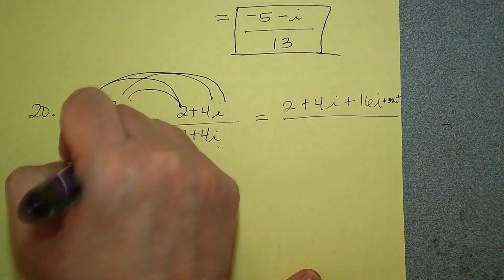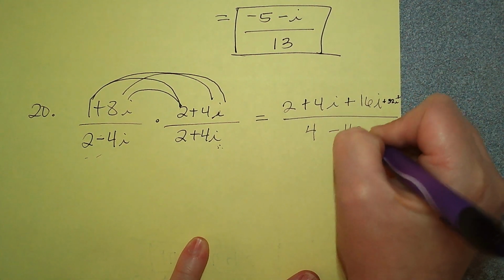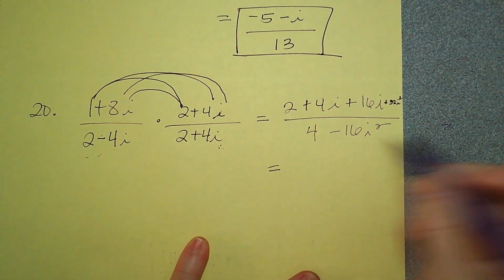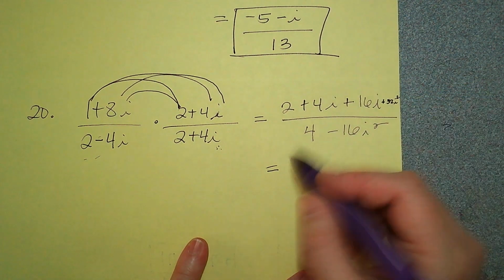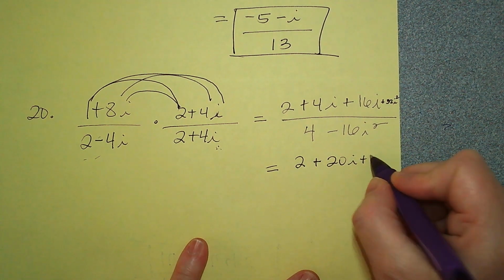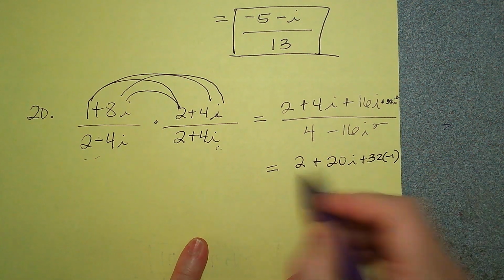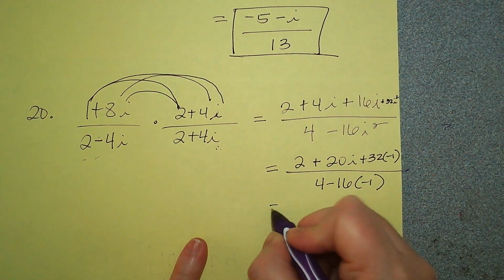These are complex conjugates, so all I have to do is multiply the first two and the last two. On the top, to simplify, we need to combine like terms in the middle and replace that i squared with a negative 1. On the bottom, I need to replace that i squared with a negative 1.